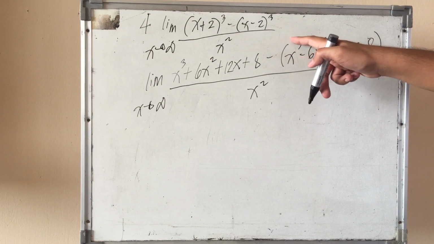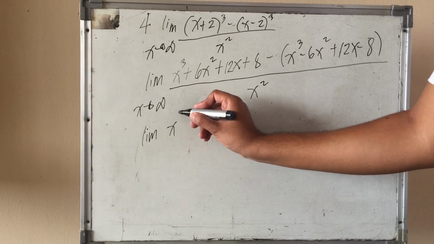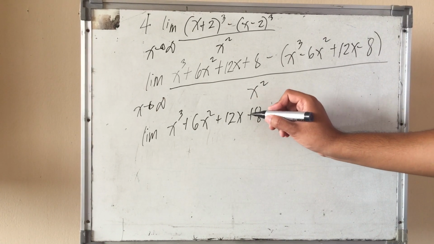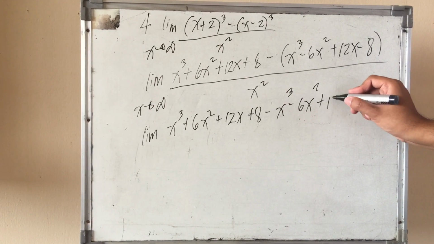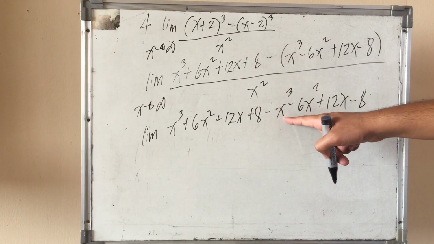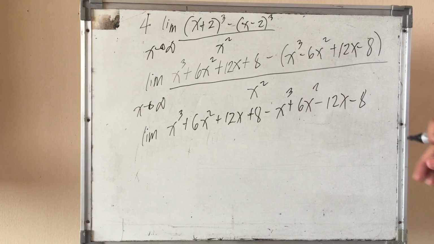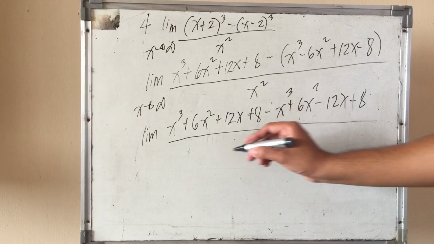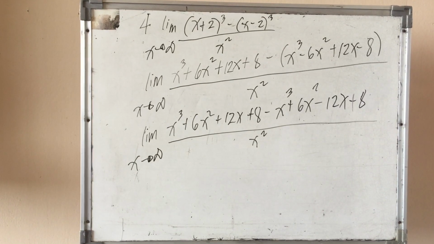We distribute the negative sign in each term. So we have the limit of x cubed plus 6x squared plus 12x plus 8 minus x cubed plus 6x squared minus 12x plus 8, over x squared, as x approaches infinity.